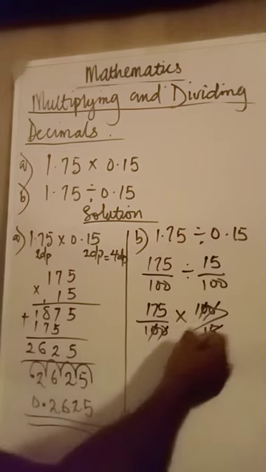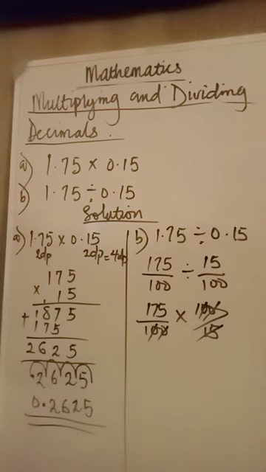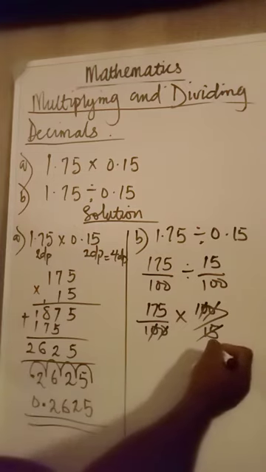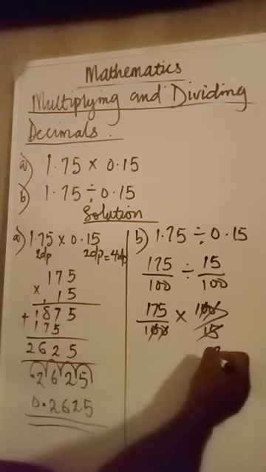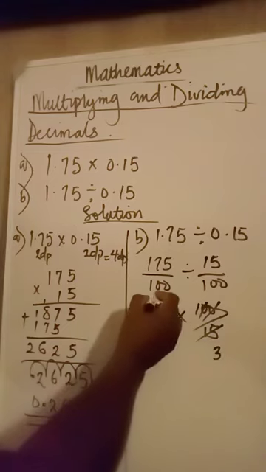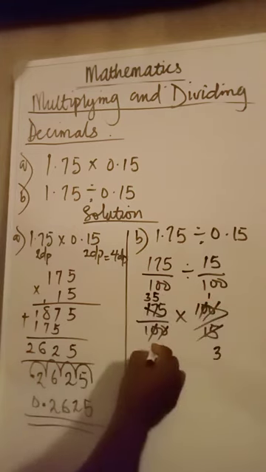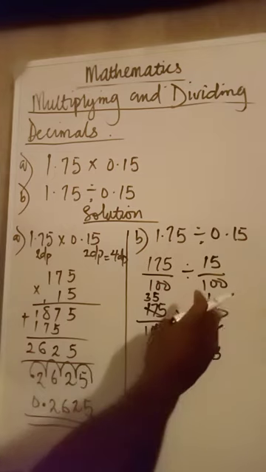I can divide by 5: 175 divided by 5 gives 35, and 15 divided by 5 gives 3. The 100 just cancelled out itself, leaving 1.